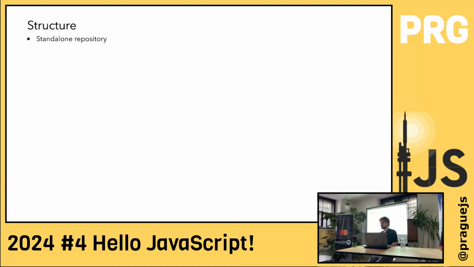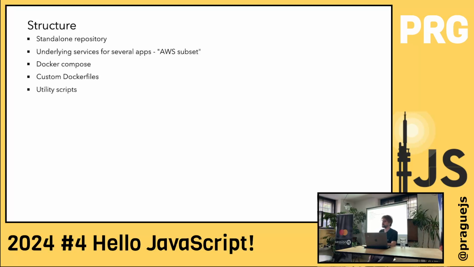The structure: it lives in a standalone repository because it contains underlying services for all the interconnected applications that I mentioned. It basically copies a subset of AWS and adds a few other services. As you would guess, it's mostly based on Docker Compose with a few custom Dockerfiles and some utility scripts.